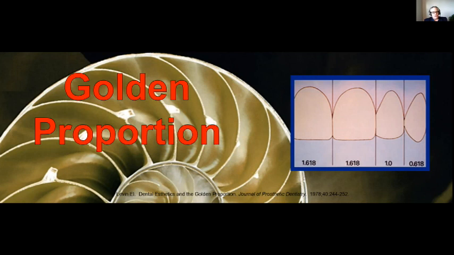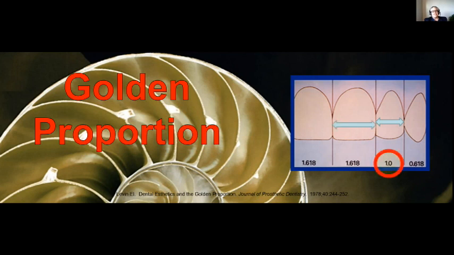And it has been bandied about as a point in the dental literature for some time. But there was a really great article that came out by Levin in '78 in the Journal of Prosthetic Dentistry, where he really applied the principles of golden proportionality to dentistry. I know we all know this, but just to reiterate, essentially you take a point, and in this case, he chose the lateral incisor and said, we'll assign the width of the lateral incisor a ratio of 1.